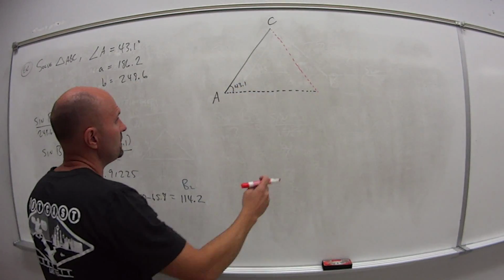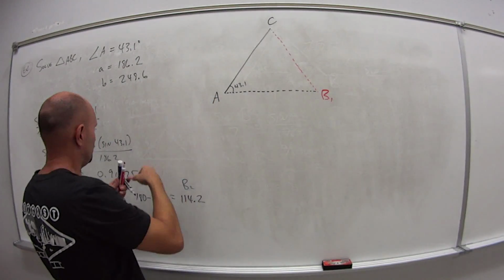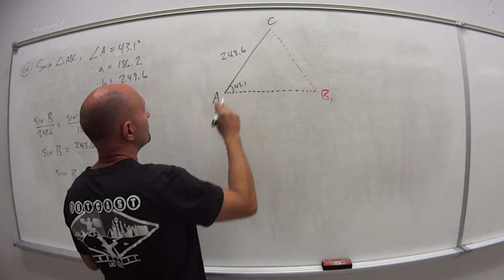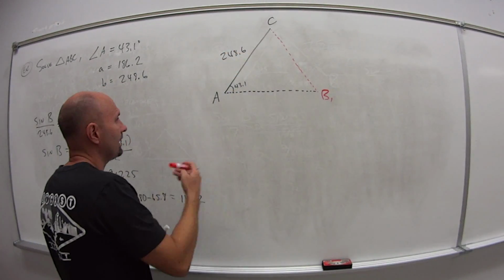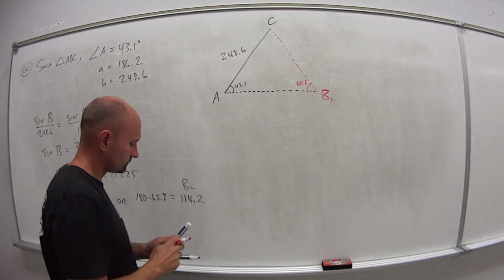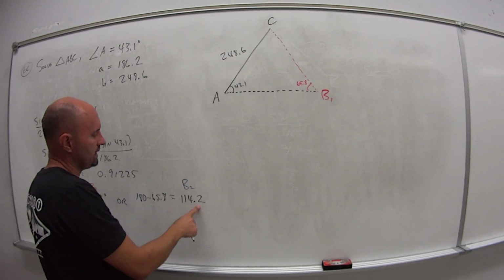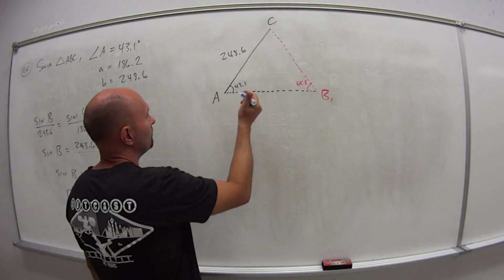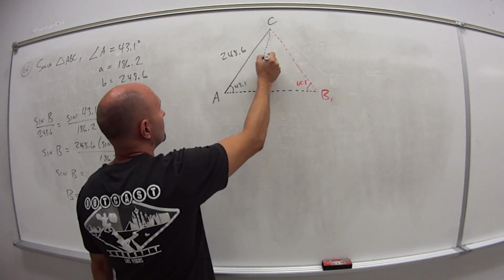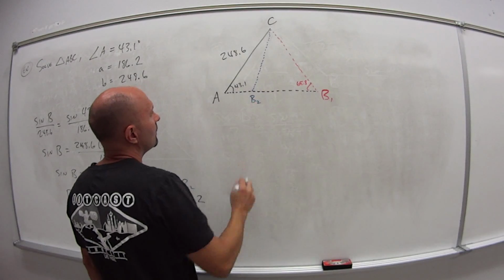If this is B1 at this point, the length of B is still the same. That was given to us, 248.6. And then the angle of B1 is 65.8. But then B2 is 114.2. So it's an angle bigger than 90 degrees, right? So it would be maybe down here.